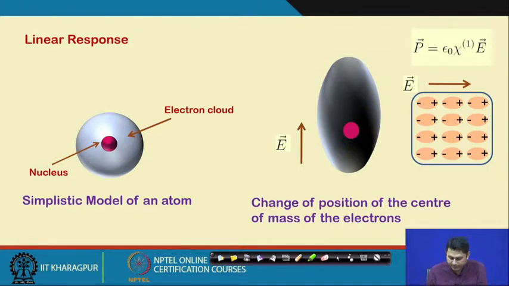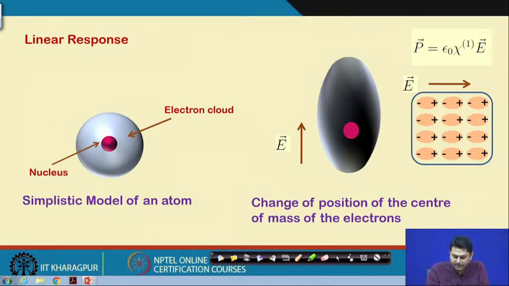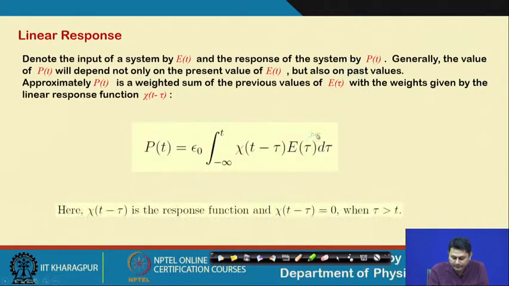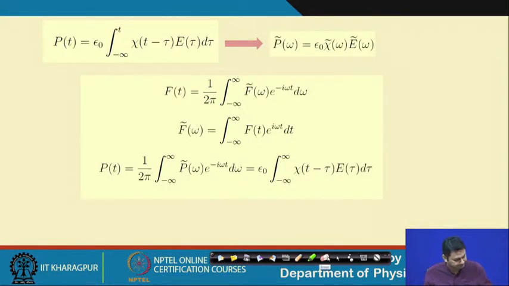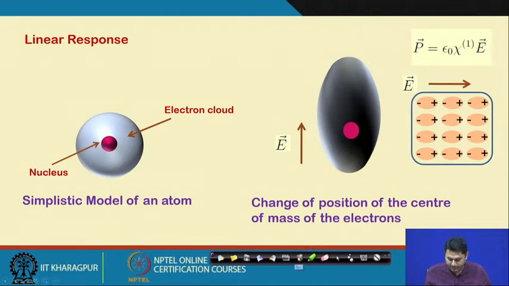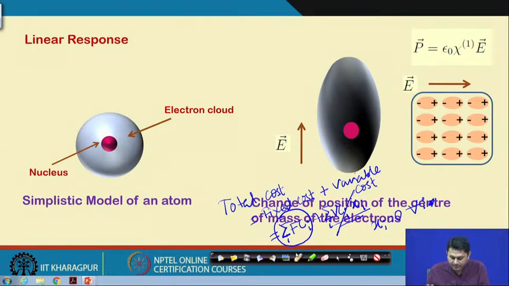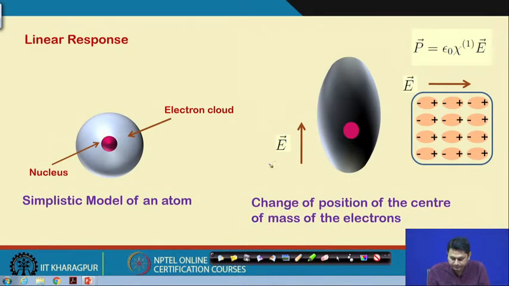Say the nucleus is sitting somewhere here, and the electrons are shifting to the upward side. So, there is a difference between the charges.